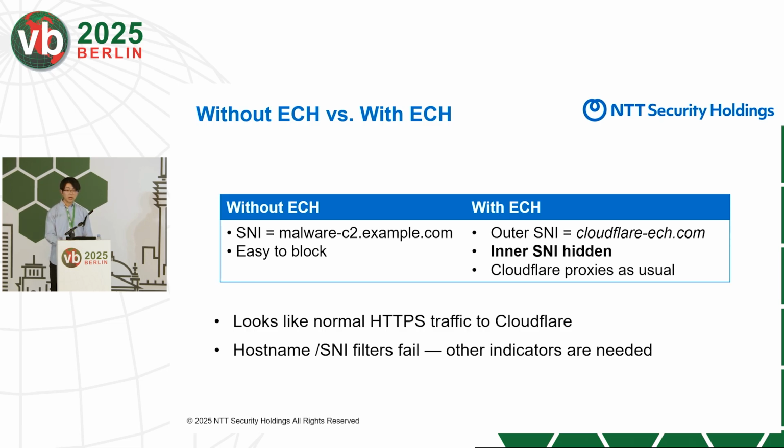The outer SNI is always the cover name, like cloudflare-ech.com. So the real inner host name stays hidden. That is why ECH is a strong cloak for attackers. Defenders must look for other signals because the host name is no longer on the wire.